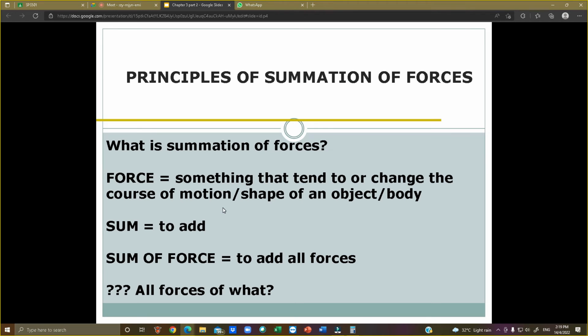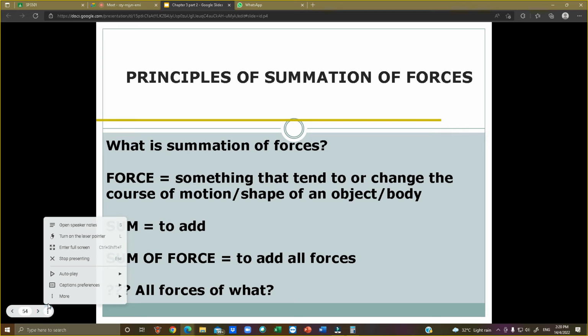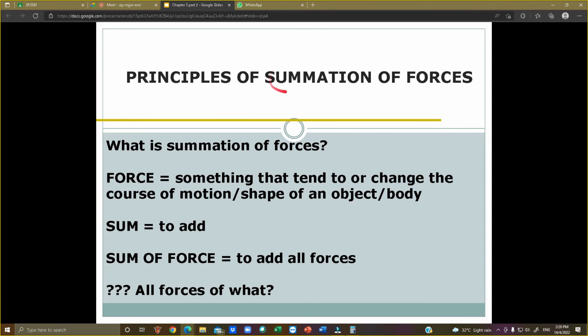Okay. The last topic is about principle of force summation. It comes from the root word sum. Okay, ni sum, summation. Jadi, principle of summation of force means that when we try to conduct an action by adding up all the force, it can give a much better outcome.